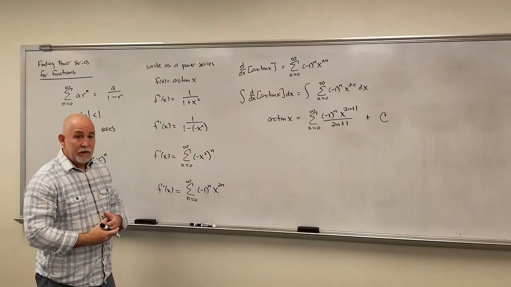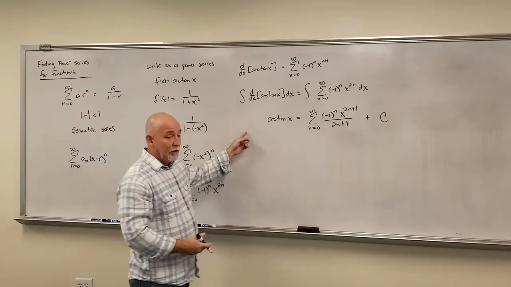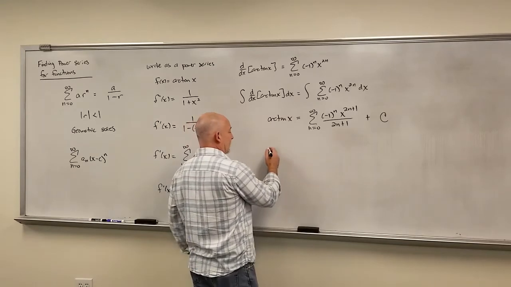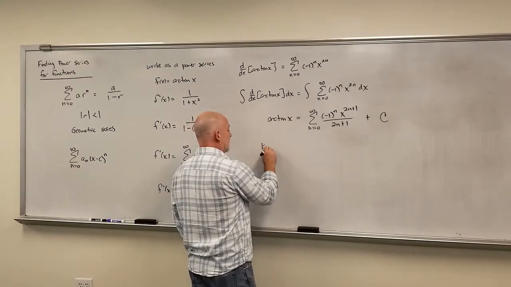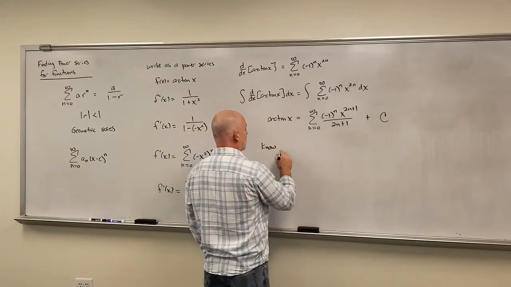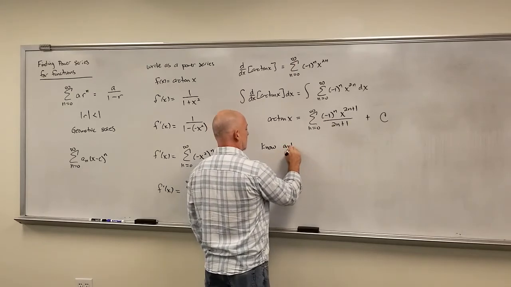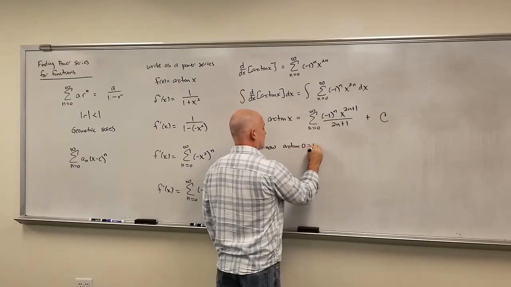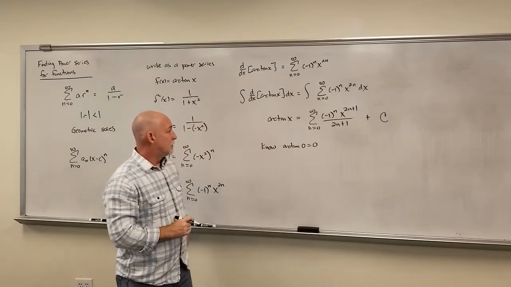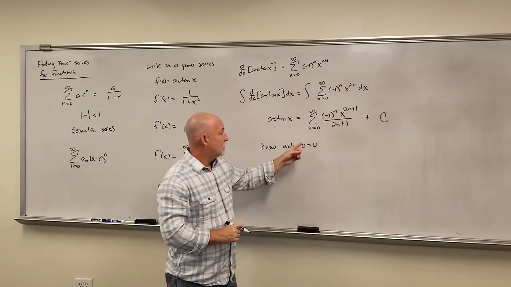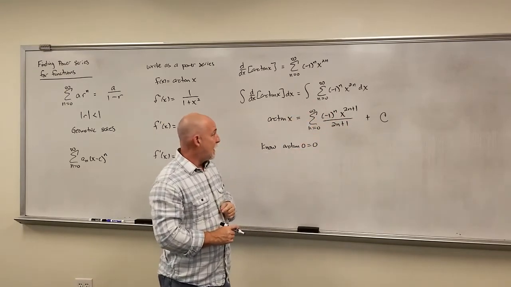Now this is where we need to know something about this function. So I'm going to pick something that I know off the top of my head that sounds really easy. I know arctangent of 0 is 0, which means if I plug 0 into here, I need to get 0 back out.